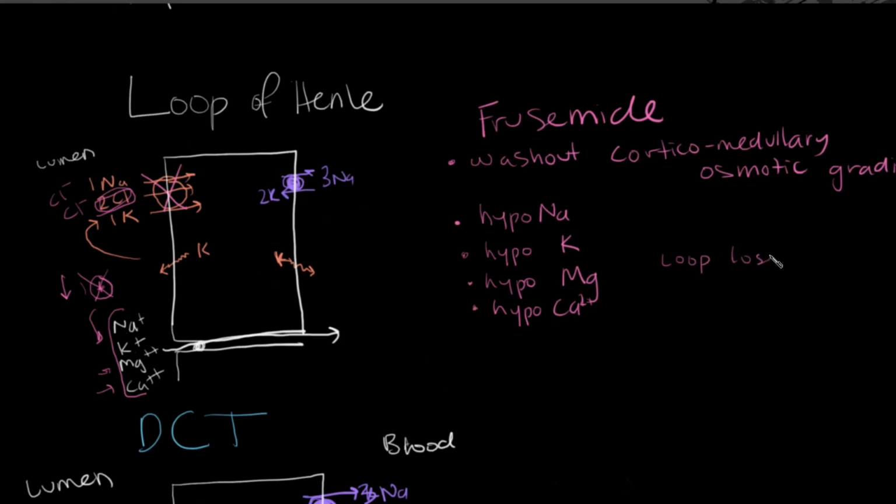So loops lose calcium. Excellent. And very lastly, there is an alkalosis that is associated with these diuretics. And again, we'll come to why this alkalosis occurs at the very end when we discuss the cortical collecting duct.